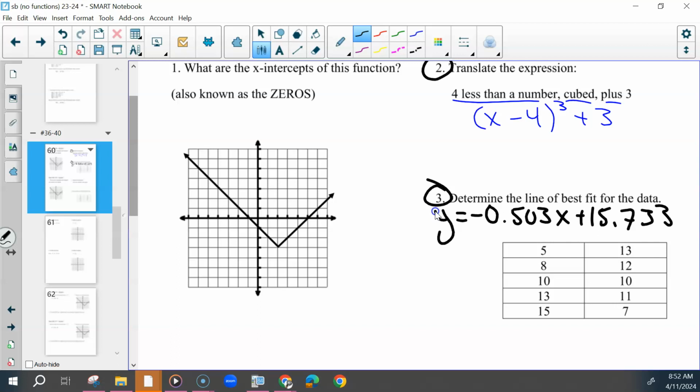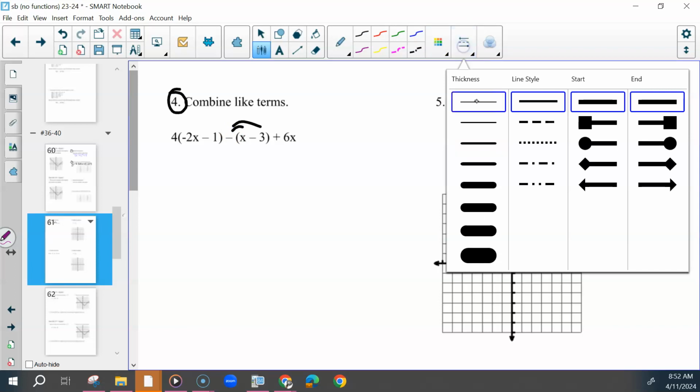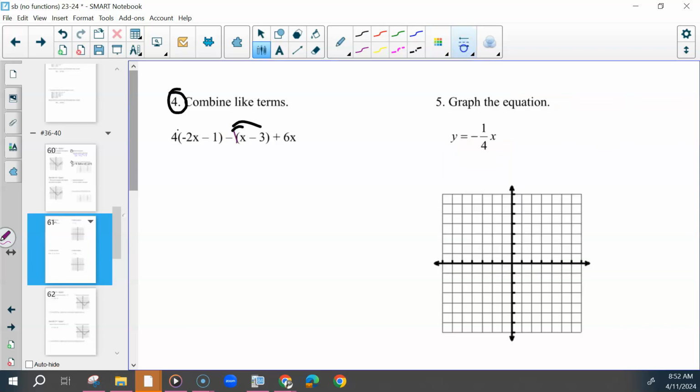Alright, and then number 4, if we were to combine the terms, distribute your negative 1 and the 4, so we have negative 8x minus 4 minus x plus 3 plus 6x. Combine all your like terms.